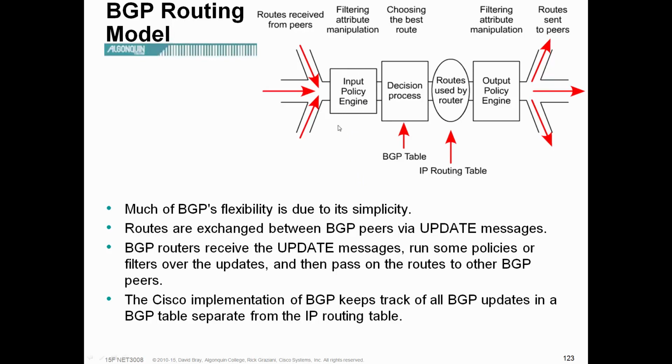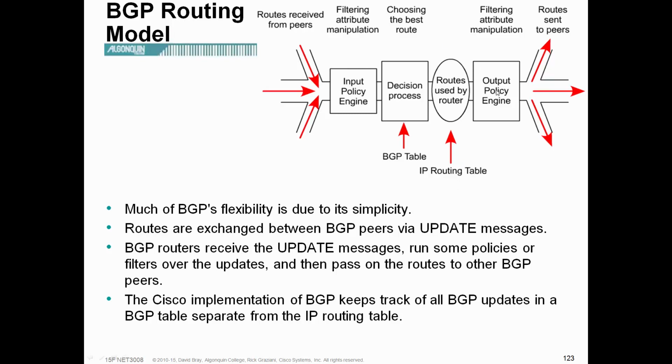We call that the input policy engine. Then there'll be a decision process where the best route is chosen, and again we will speak of that later in great detail. But the decision process here is based on all these routes that we find in our BGP table. And then, of course, there'll be some routes that are entered into the IP routing table.